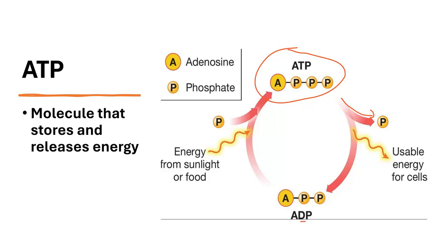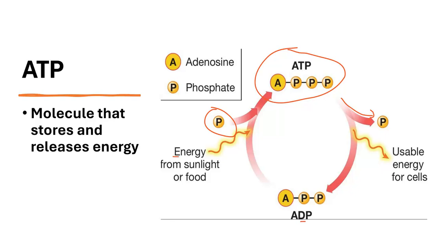Now, that doesn't mean that this ADP then just kind of goes in the garbage dump and it's not useful any longer. We can actually regenerate ATP by simply popping on another phosphate group. So we can attach this phosphate only if the ADP takes on energy.